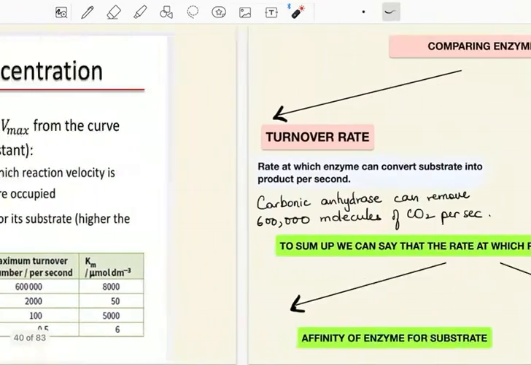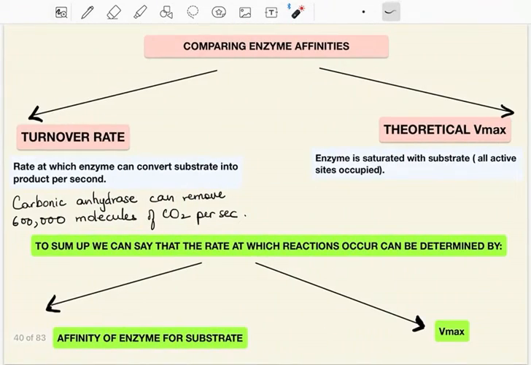And now we move on to just a summary of these two properties of enzyme catalyzed reaction, which means that we can compare the enzyme efficiencies by taking into account the turnover rate and the Vmax, right? The turnover rate is the rate at which the enzyme can convert any substrate into the product per second, and we saw that the turnover rate of carbonic anhydrase molecules was very high.